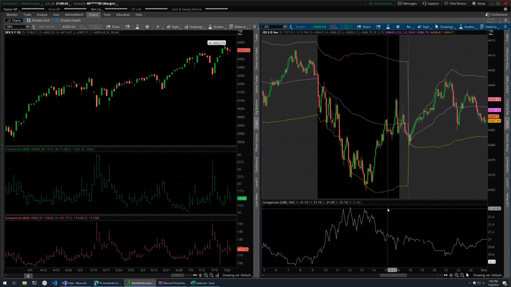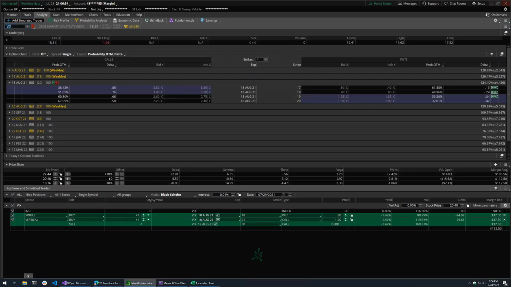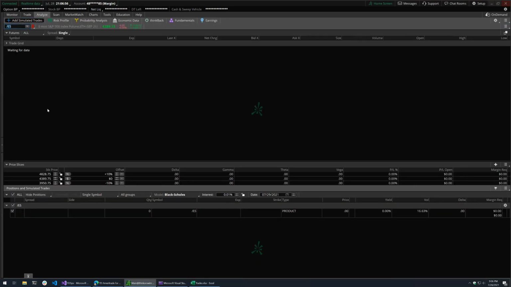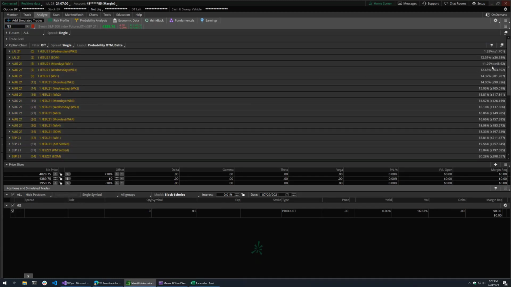Even though you won't get a margin offset, you'll still get an account equity offset. And what Don's referring to is that if you trade the ES futures, as opposed to the SPX or even SPY, you're going to get much better margining.